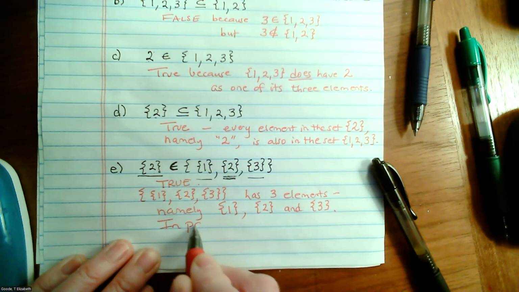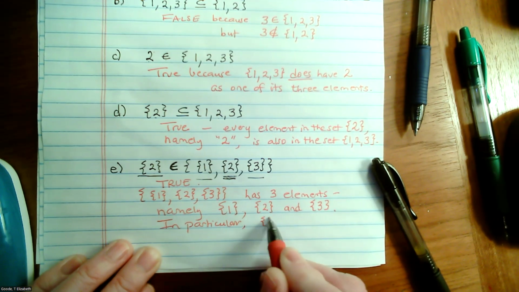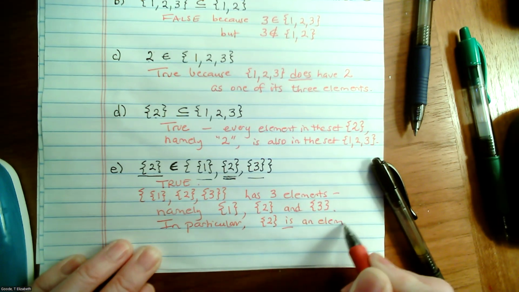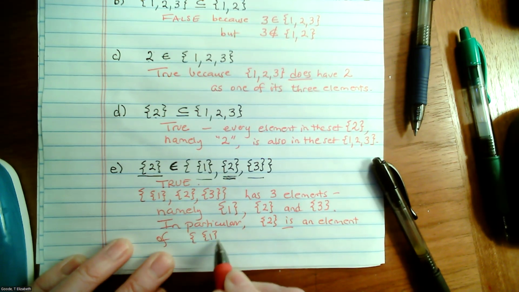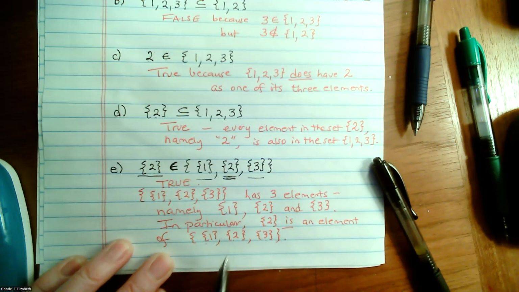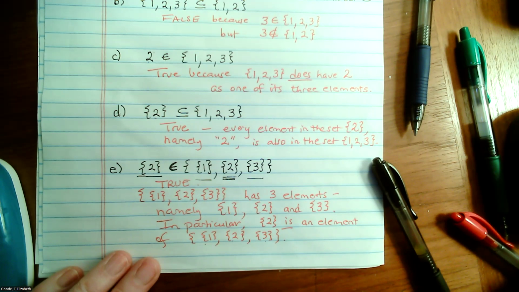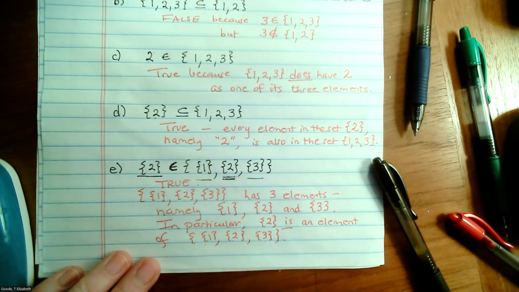In particular, this one, the set containing 2, is an element of the set that contains the set containing 1, the set containing 2, and the set containing 3. It's one of those 3 elements. Does that make sense? Sets can be elements of other sets.